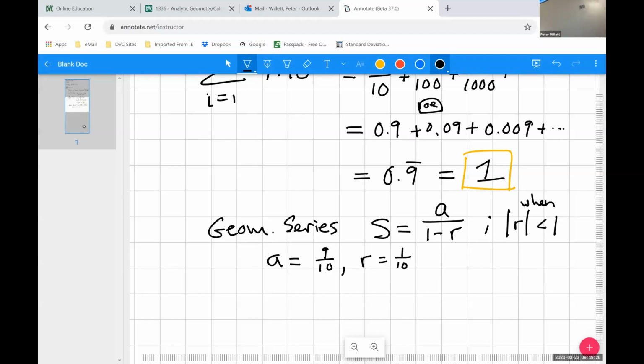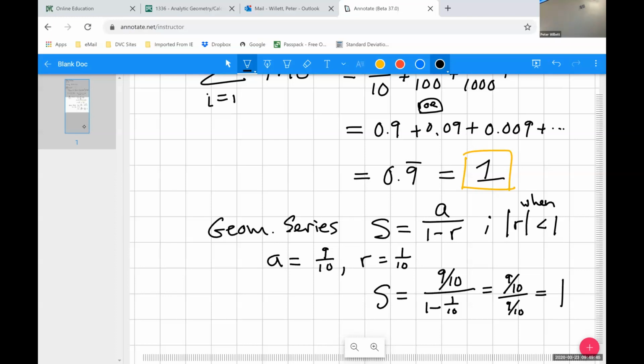And so in this case, s would be equal to 9/10 over 1 minus 1/10, which is 9/10 over 9/10, which is 1, which we already knew because we know 0.9 with a repeating decimal is 1.